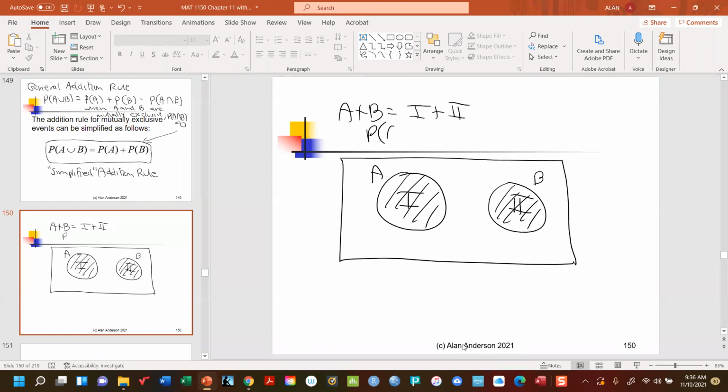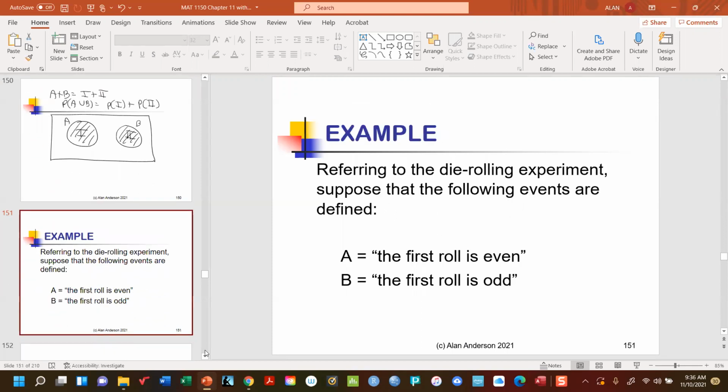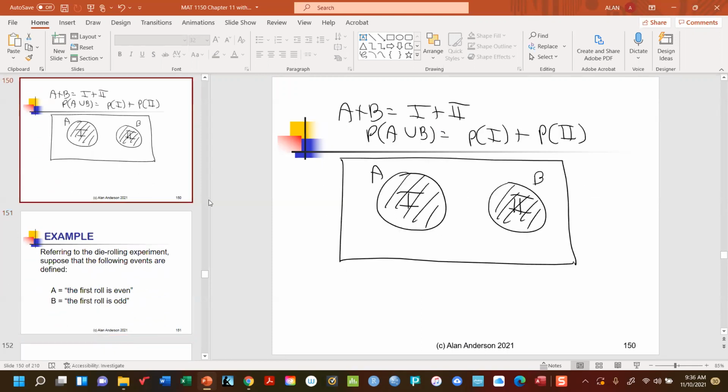So the probability of A union B is just the sum, and that's it, we're done. When they don't overlap, you can see these two, there's nothing in between. So therefore there's no double counting involved. We just add them up and that's the end of it.